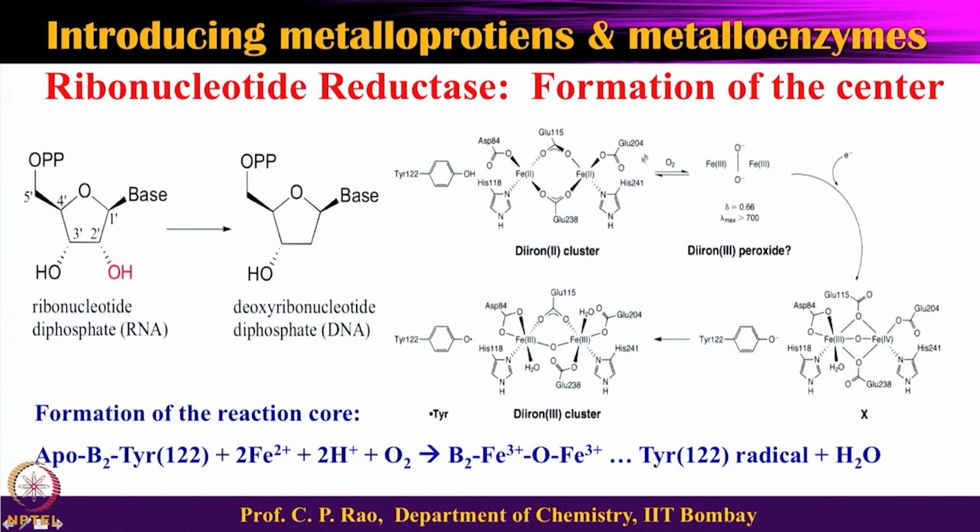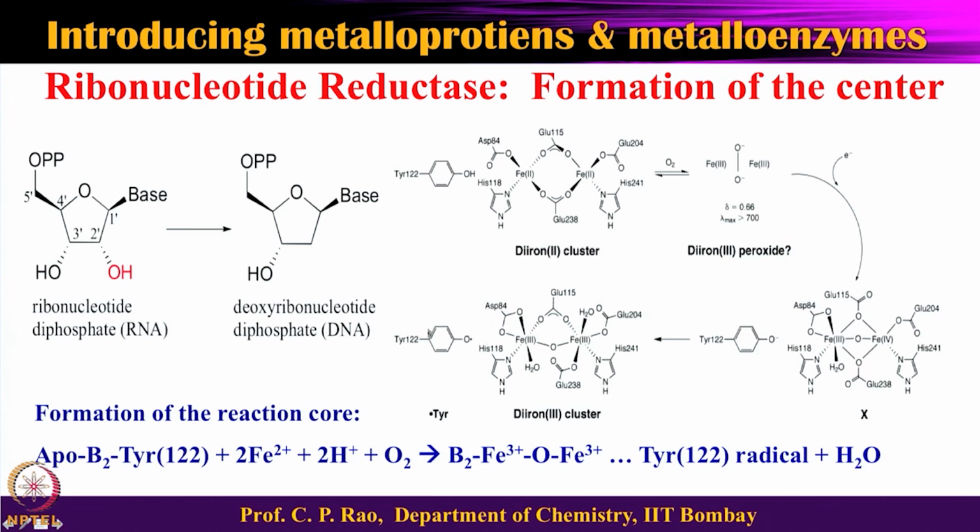When it is exposed to oxygen, it will go to the iron 3 form. Of course, the product is not very well understood, but iron 3 is very well understood from EPR and other studies. At this stage an electron reduction will activate this part and generate the tyrosine species, and the oxidized form, through further intra-redox, will lead to the tyrosinyl radical.